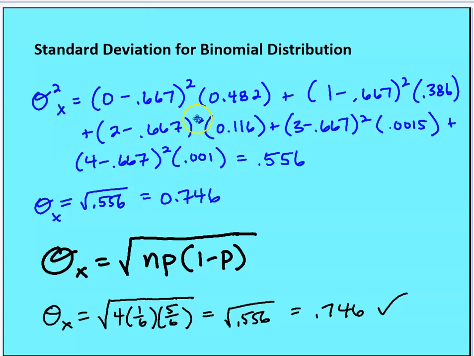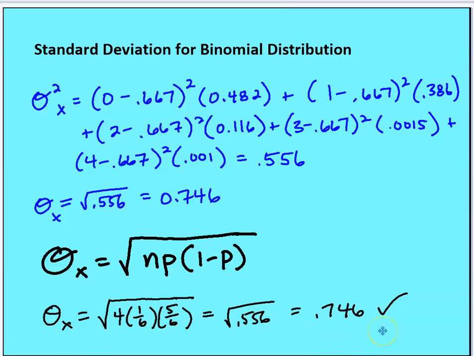Now, if we were to work this out mathematically, it's the same as the square root of n times p times 1 minus p, the complement of p. So the square root of n times the probability of the outcome 1/6 times the complement 5/6 is equal to 0.556. So same value here.